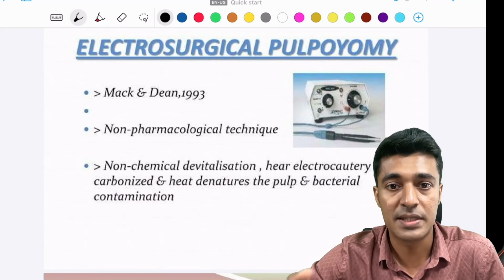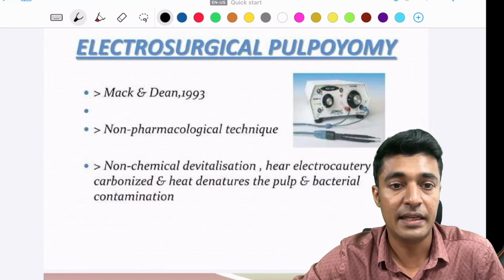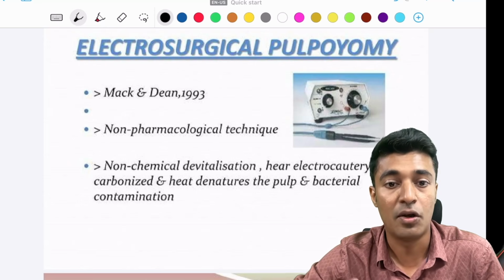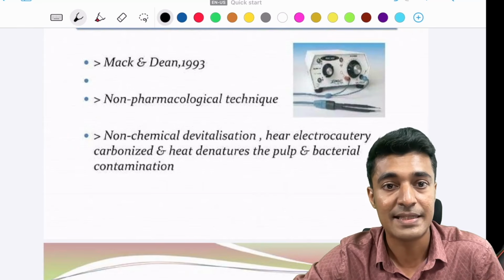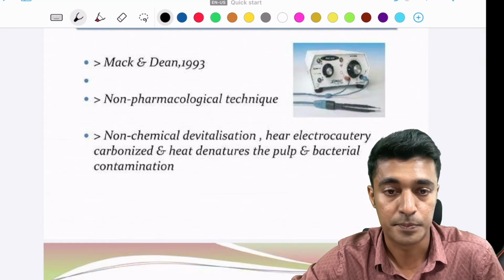Coming to the electrosurgical pulpotomy, it was proposed by Mack and Dean in 1993. It is a non-pharmacological technique and a non-chemical devitalization. Here, electrocautery carbonizes and heat denatures the pulp and bacterial contamination.